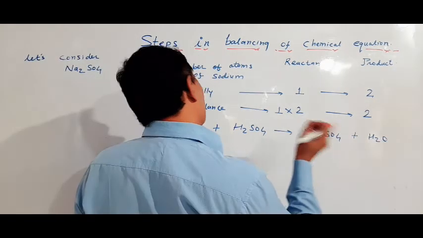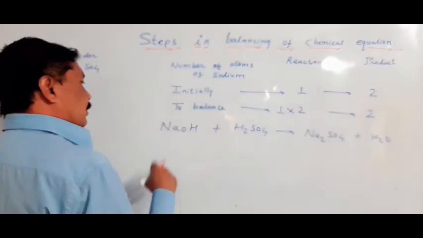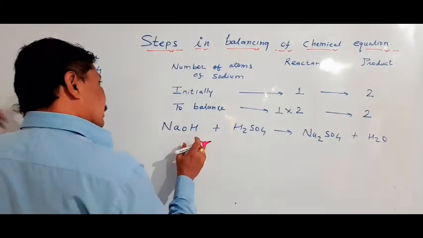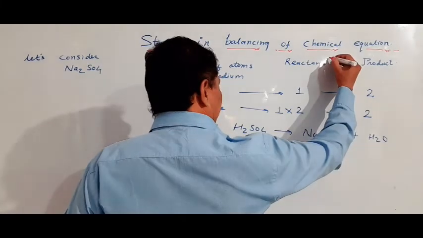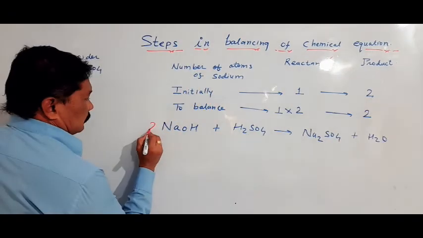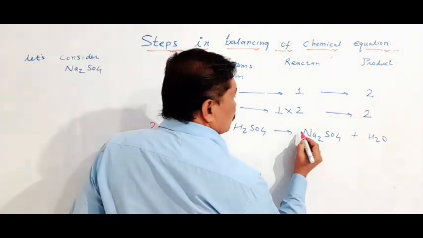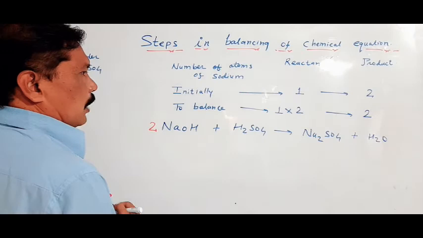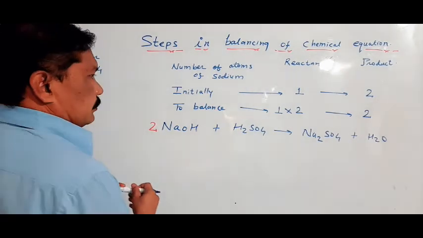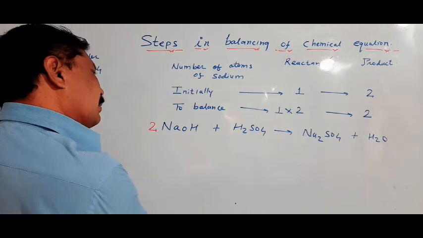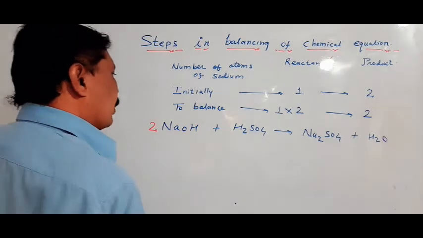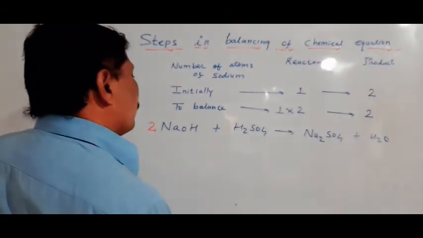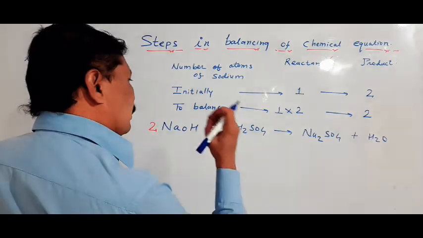We will put 2 in front of sodium hydroxide in the reactant side. Now we'll count the atoms of the compound both in reactant and product and try to find out whether the equation is balanced or not.